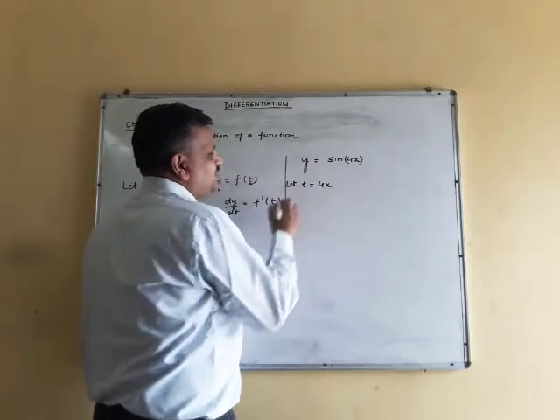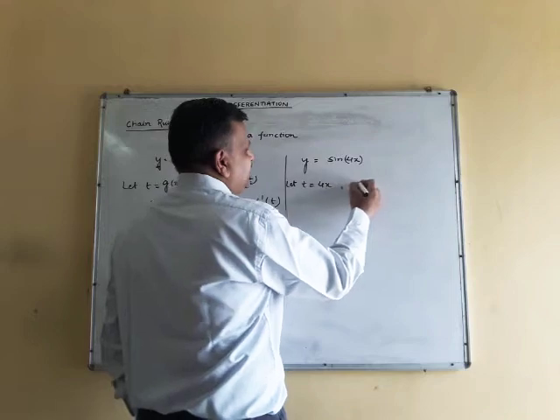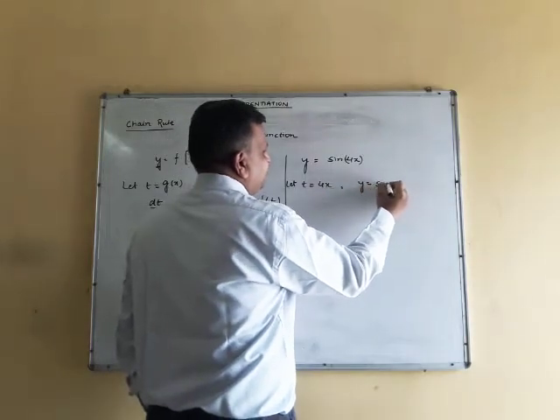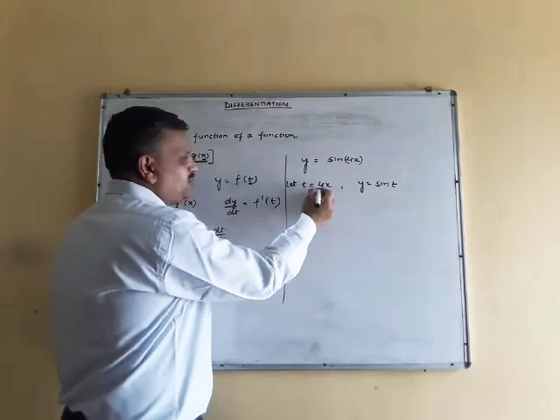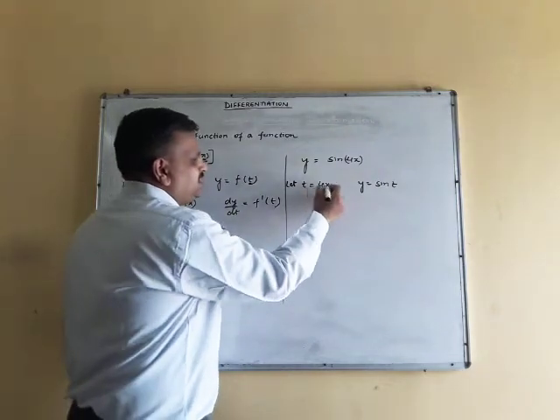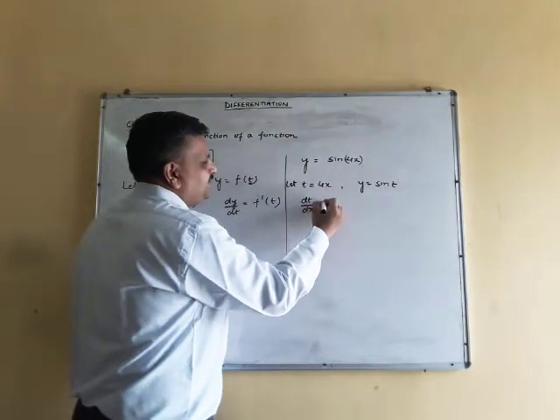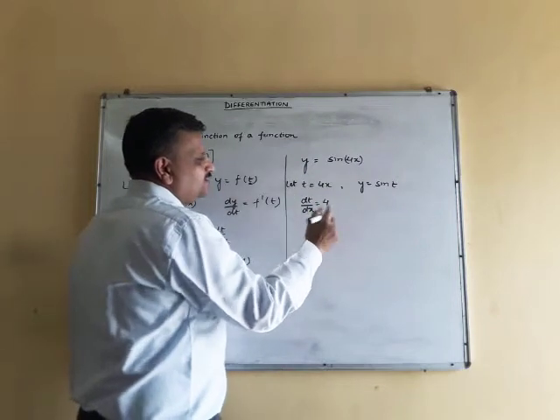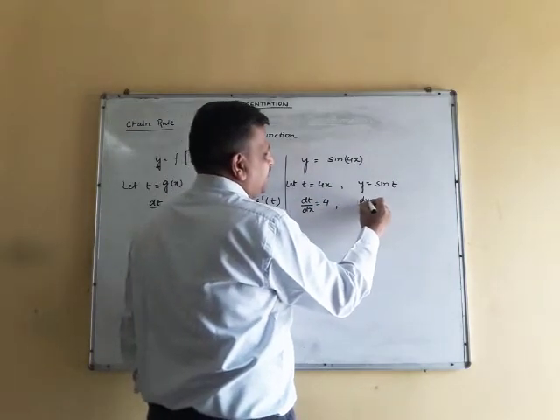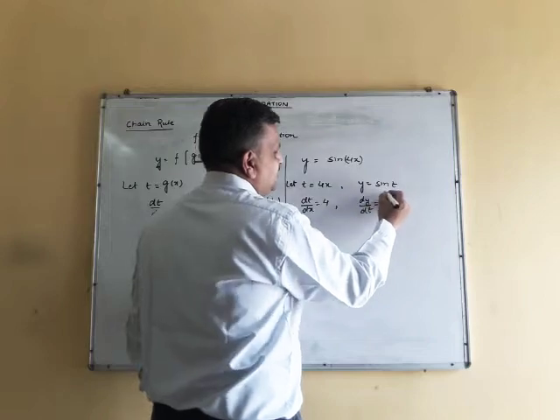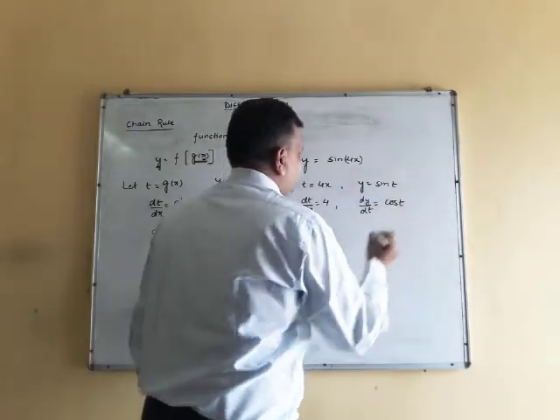Let 4x be equal to t, then y becomes sine t. Now we know the derivative of 4x. So dt by dx is 4. And dy by dt is cos t.